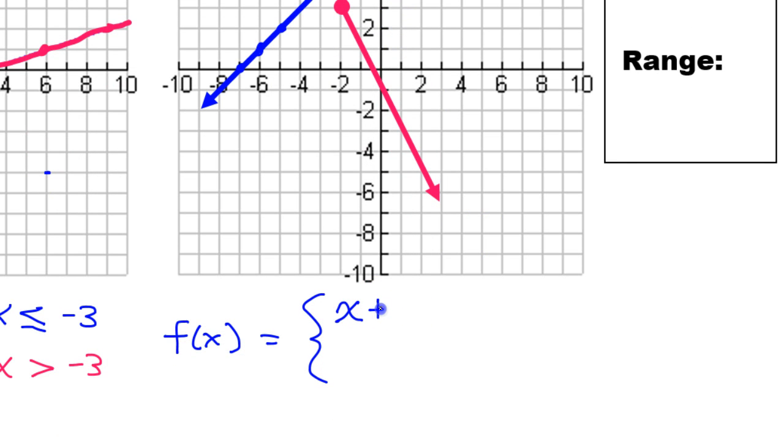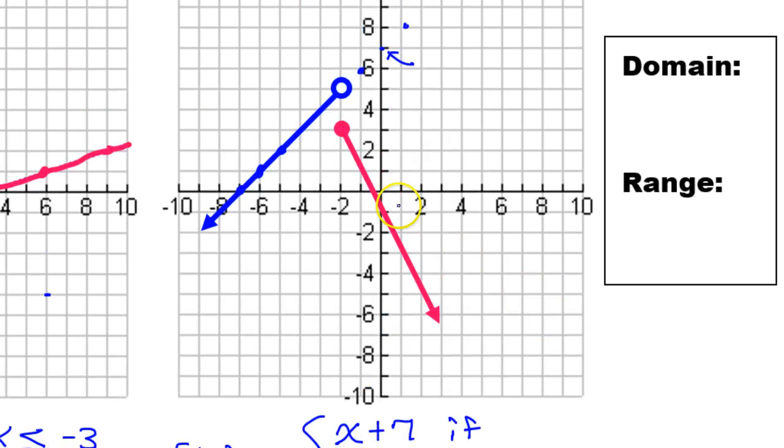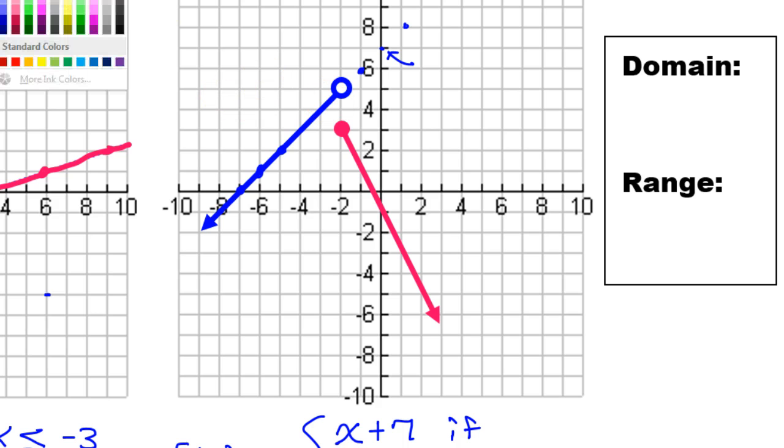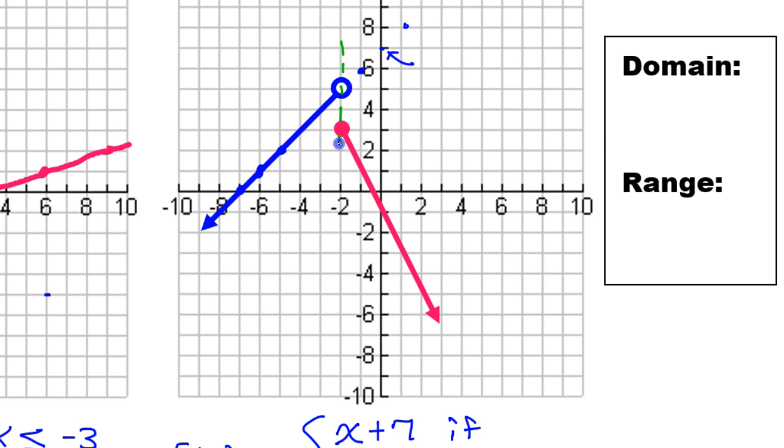So I will have x plus 7, if, now this piece is going to the left. Now this number right here, where the lines split, this x value of -2, where it changes from the blue piece over to the red piece.